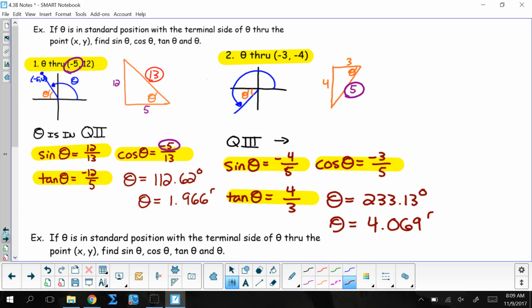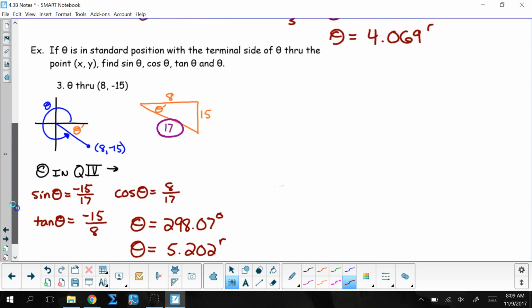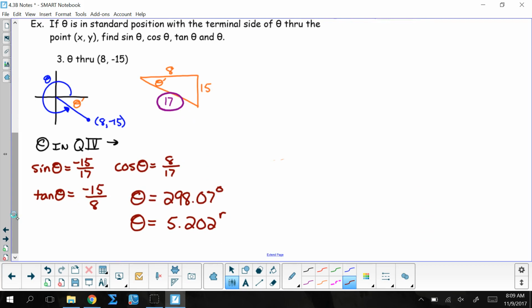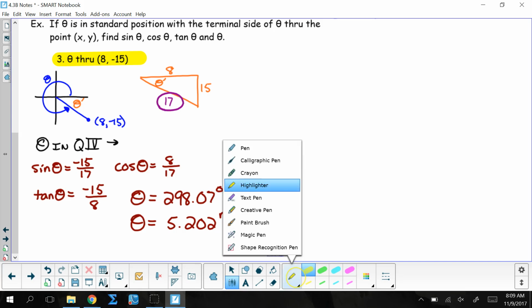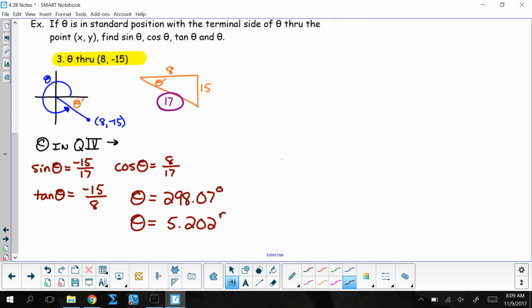Okay? So let's verify that now here on example number 3. Here's the point that it went through. Theta is through 8, -15. So without doing any work, my tangent should be -15/8.